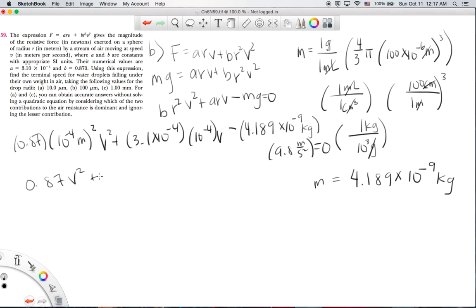And then we'll get 0.87 v squared plus 3.1 v minus 4.105 equals 0.